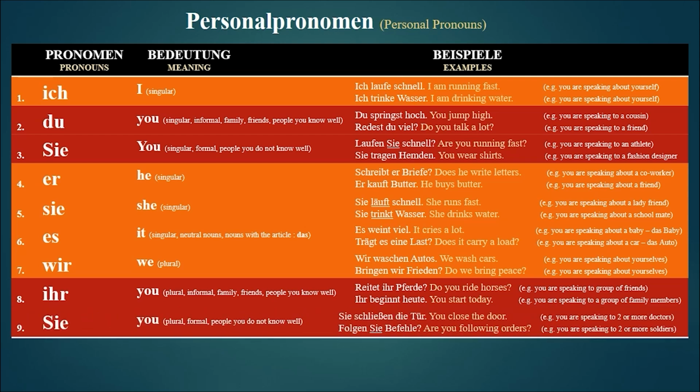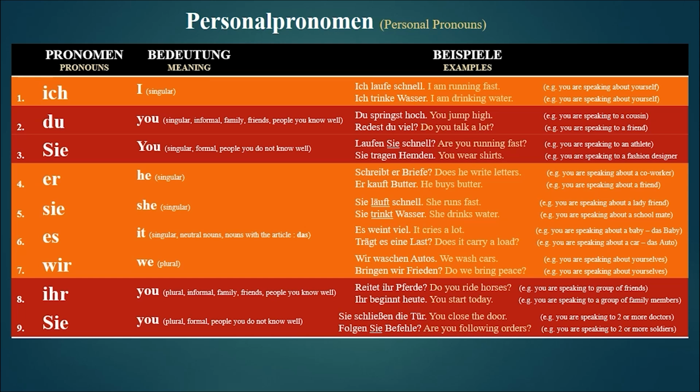Number 9, sie. Again, an interesting observation. We have sie again here, and this time this same sie can be used for plural, and then in a formal setting when you are addressing several people, 2 or more people that you do not know well. So examples here: Sie schließen die Tür. You close the door.